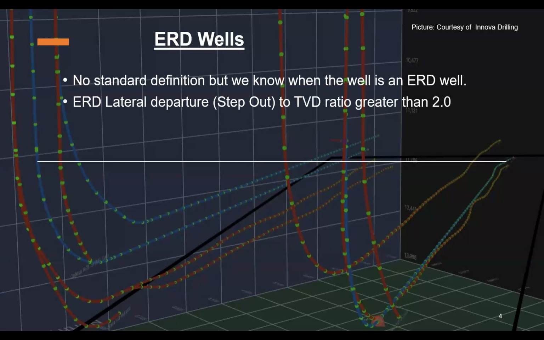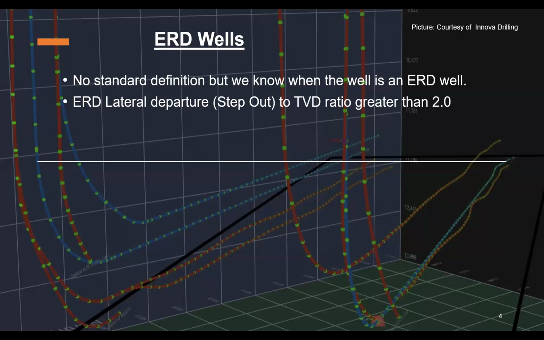If you plot TVD versus your lateral departure, or step out, as people call it. Step out is the distance from the origin of the well to where it is at the moment.